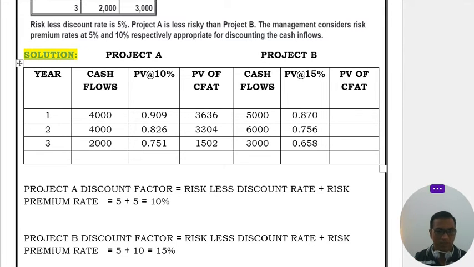Total: 3,636 plus 3,304 plus 1,502, that is 8,442.